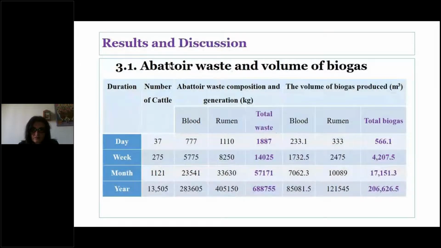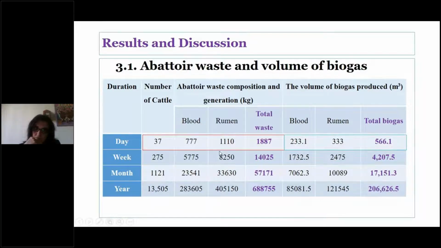When I proceed to the results and the discussion, daily about 37 cattle are slaughtered for producing meat for public consumption. From 37 cattle, around 777 kilogram of blood waste and 1,110 kilogram of rumen waste will be generated.